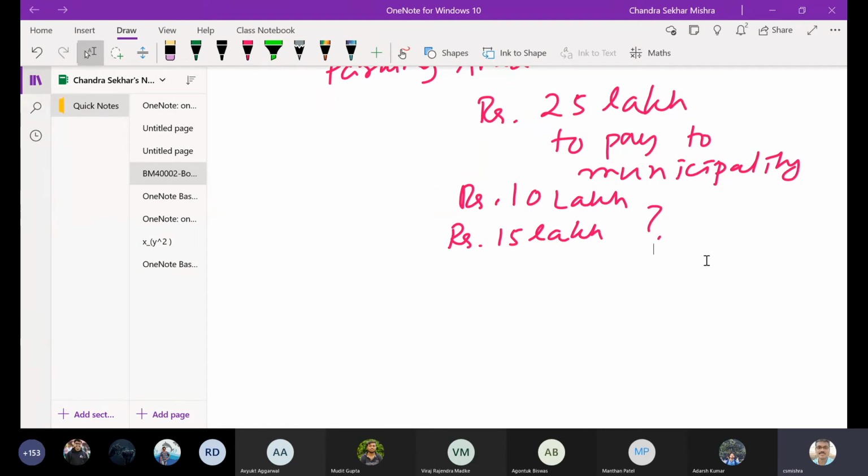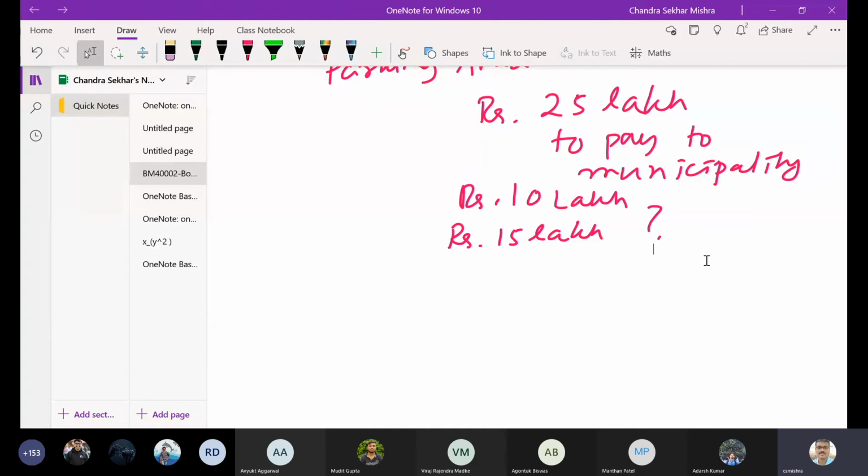There is a condition also. What will the bank do with that? The municipality has given it, and the municipality has got the money, right? Will the bank employee go and do the parking and get the collection from you and me, 10 rupees per two-wheeler, 15 rupees per four-wheeler? Is it possible for them? Tell me. No, sir. No, sir. That is not the solution. What do you do there?